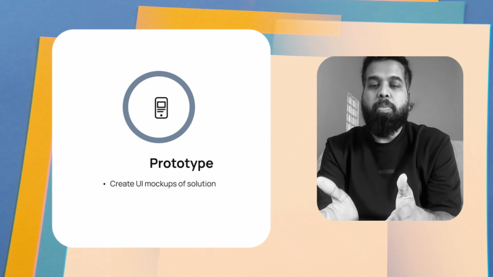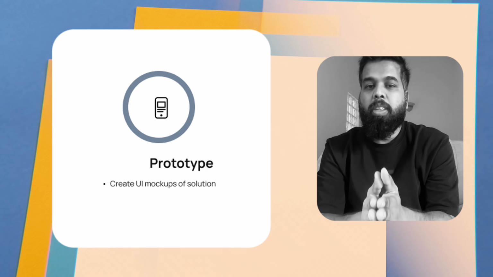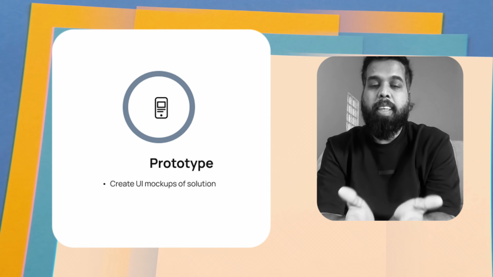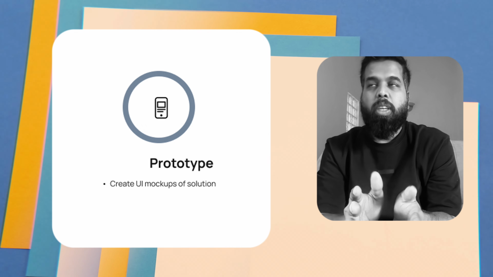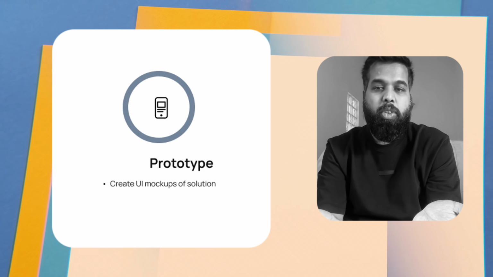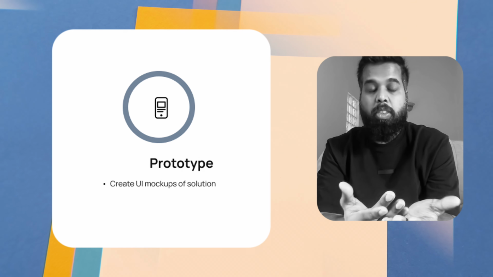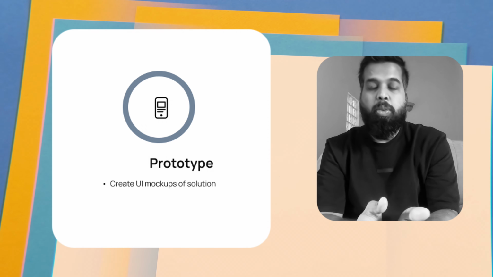Moving on, we have the prototype step, where you visually design all the things that you did in the wireframe stage. In visual design, we decide on the color scheme that we are going to use based on color psychology principles, and the typography based on your end user requirements.